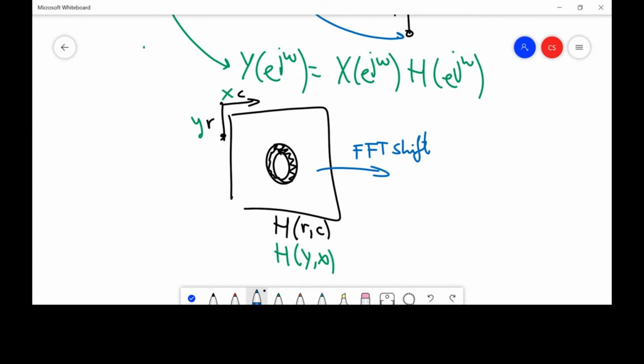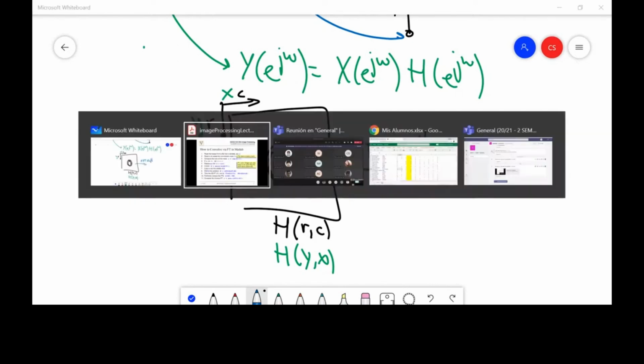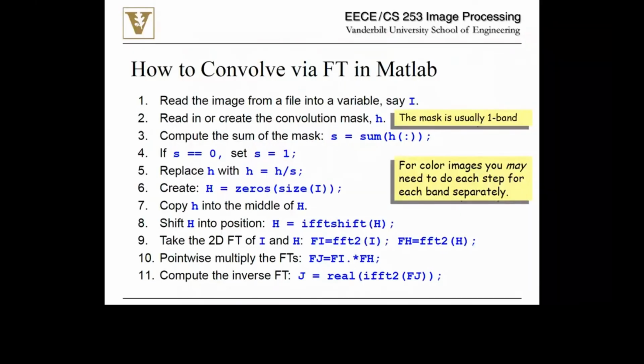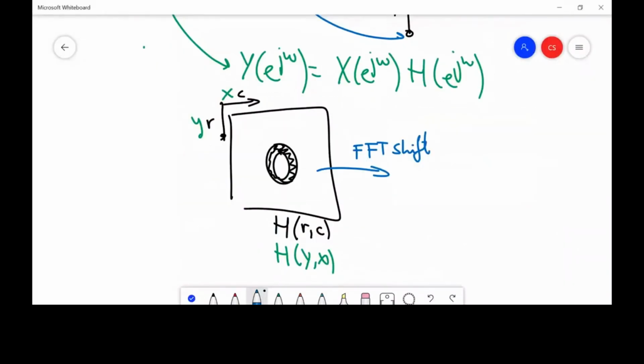There is a very subtle detail between both, depending on the size of the image or whether it is even or odd. But think of it as the FFT shift. So the output of this is this one.